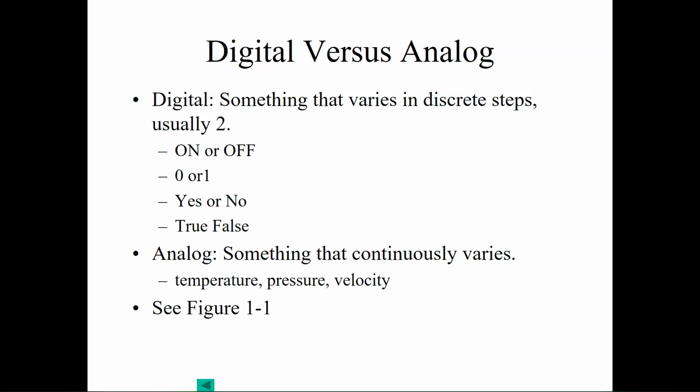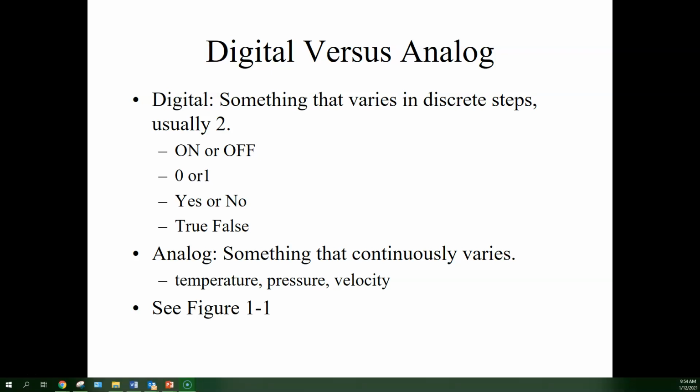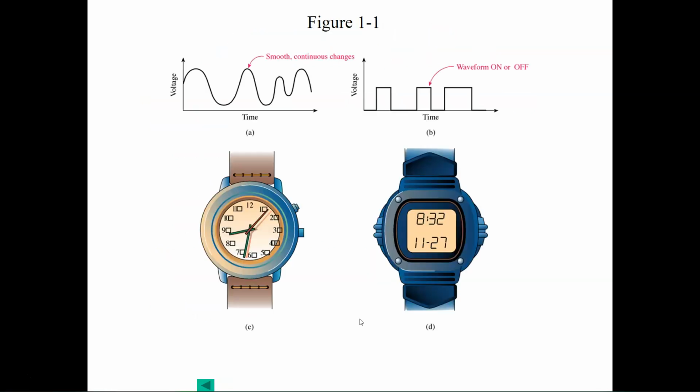Things like that, right? So with analog, this guy is analog. So he has a smooth and continuous change to keep him running, versus digital, which is either on or off. It's yes or no. There's no in between. Y'all see that?